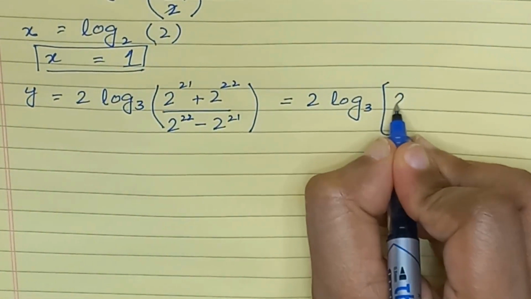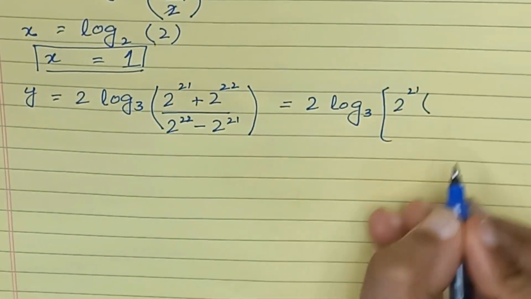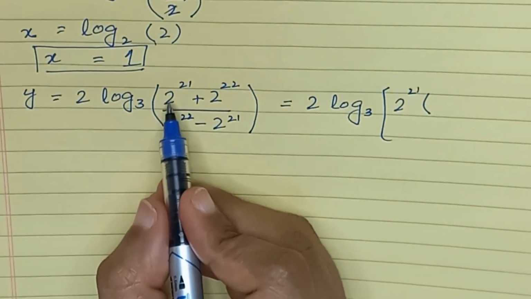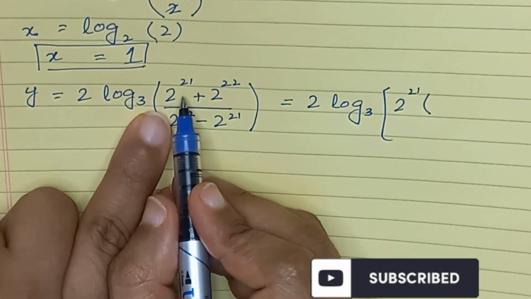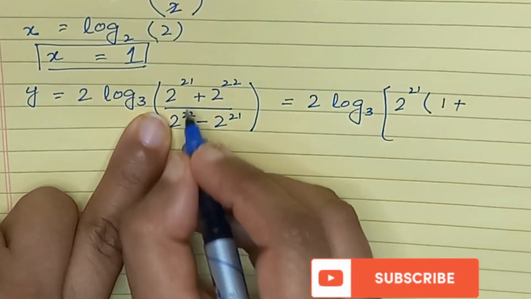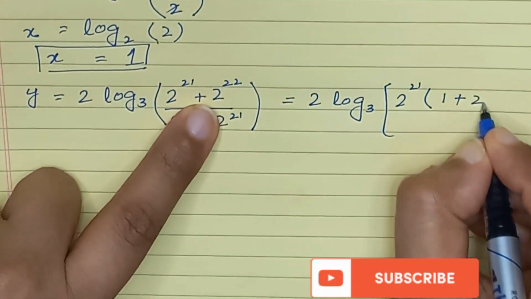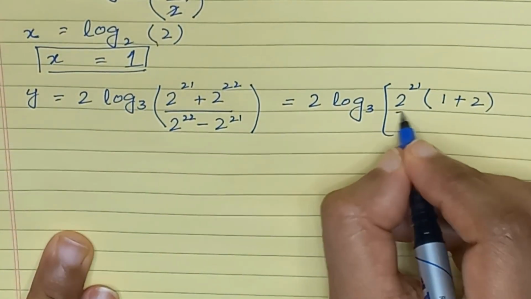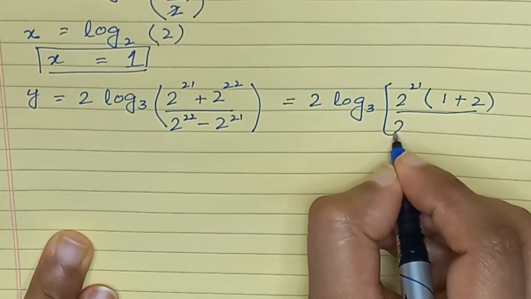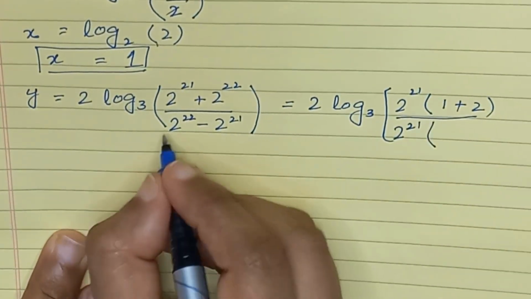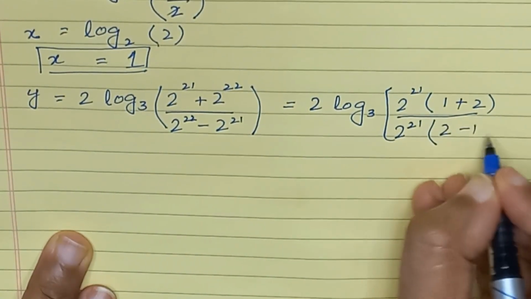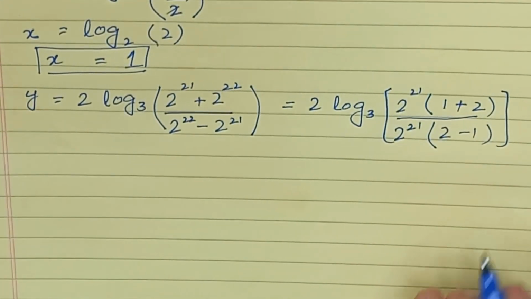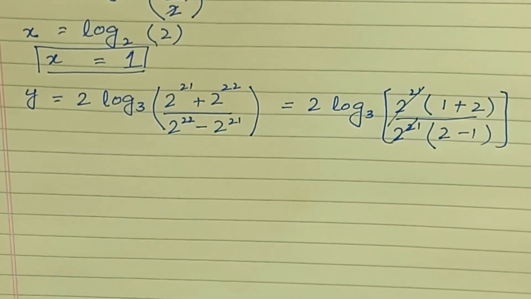From here 2^21 is common, so it will become 1 plus 2 raised to the power 1 left, so 2. Similarly, in the denominator we have 2^21 common, so it will become 2 minus 1. So it will be cancelled out.